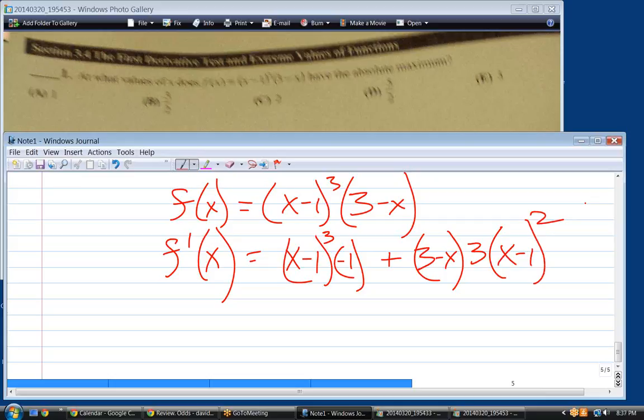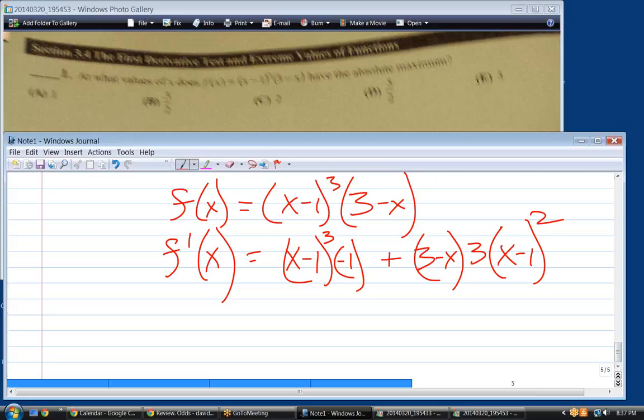Okay, so there's our first derivative. And we want to know where that's equal to 0. Well, we're going to have a cubic function, aren't we? In other words, that's not going to be the easiest thing to solve.